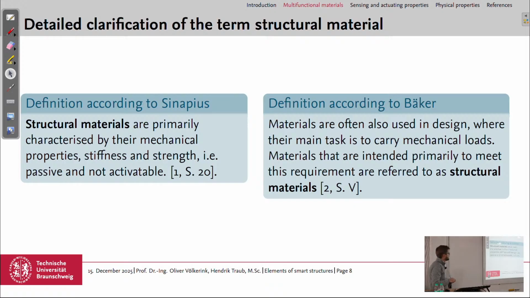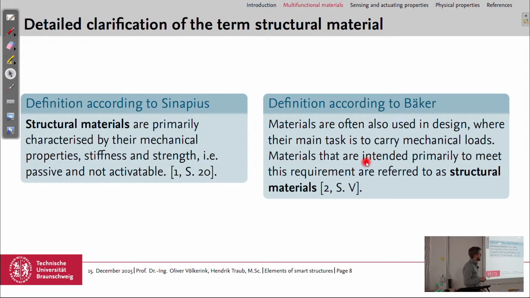So structural materials, according to the definition of Xenapius, are primarily characterized by their mechanical properties, stiffness and strength. These materials are passive and not activatable. There's another definition from Baker, who's also from Technological University Braunschweig, and he wrote that materials are often used in design where their main task is to carry mechanical loads.